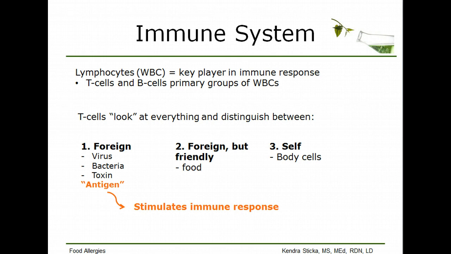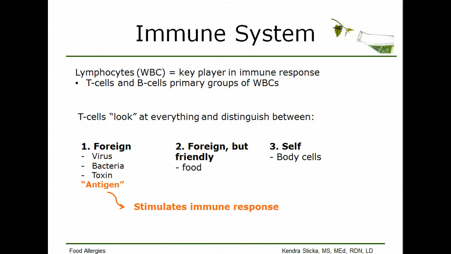T cells look at everything that comes into the body and distinguish between three broad categories. They decide whether something is foreign, so from outside of the body, foreign but friendly, so it's not going to cause harm, or self. Those are basically the three primary categories.